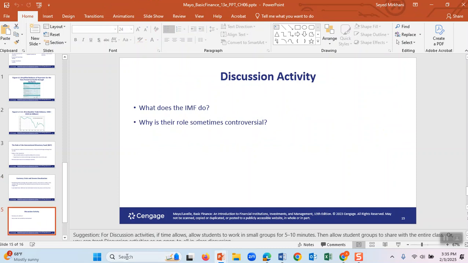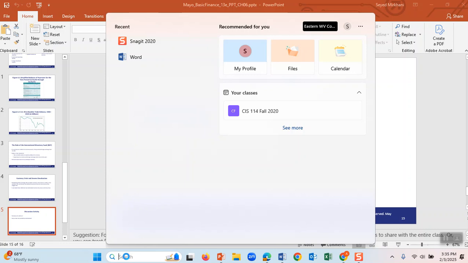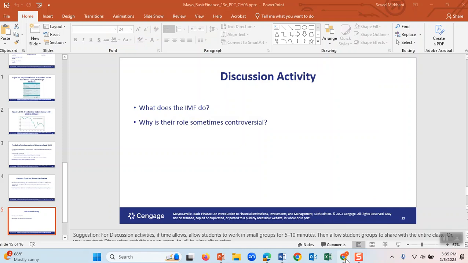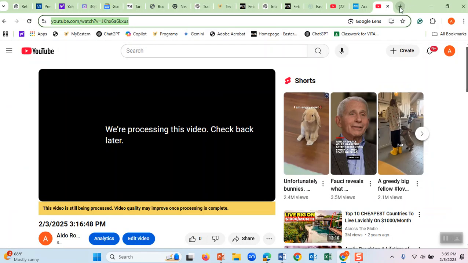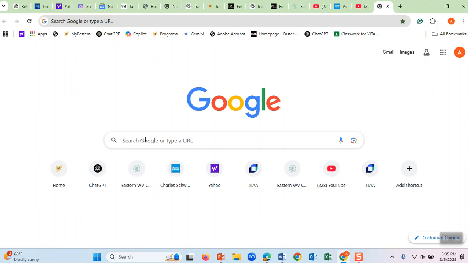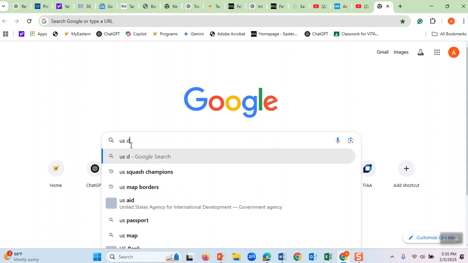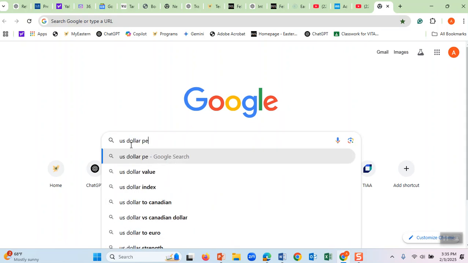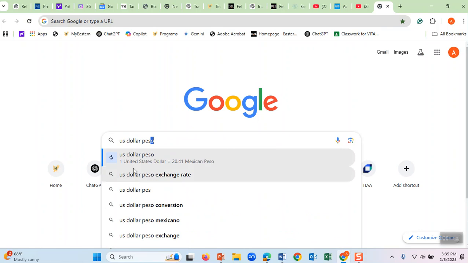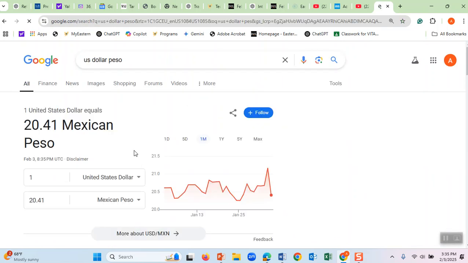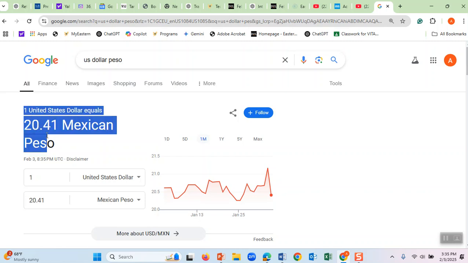Let me see if we can find something here to show. Okay, U.S. dollar, pesos, and here it is. Look at how great it is. If you give $1, they give you 20 Mexican pesos.